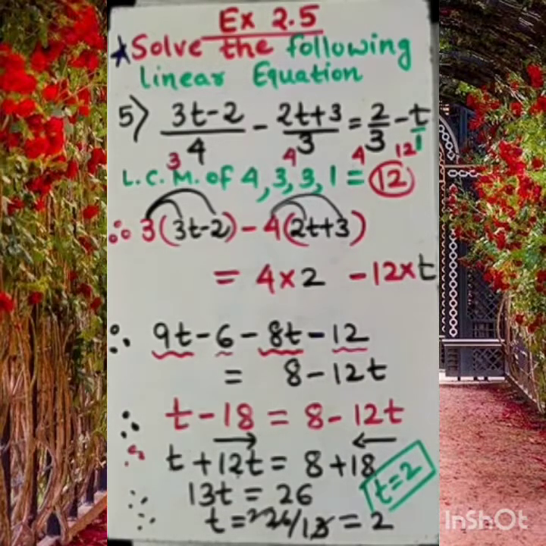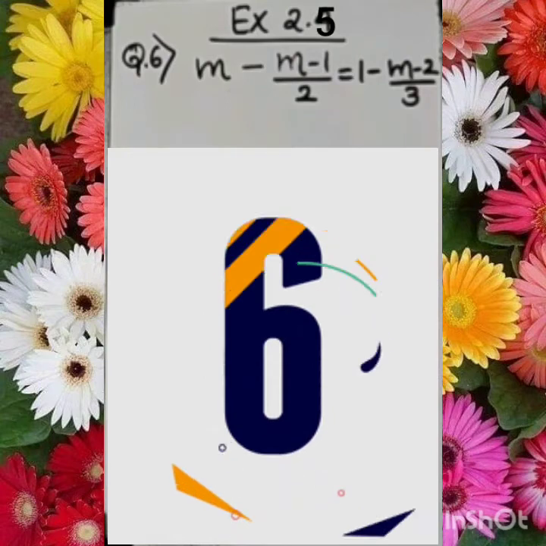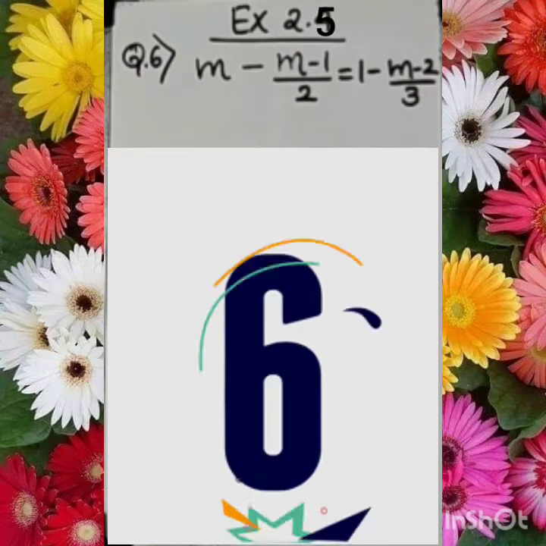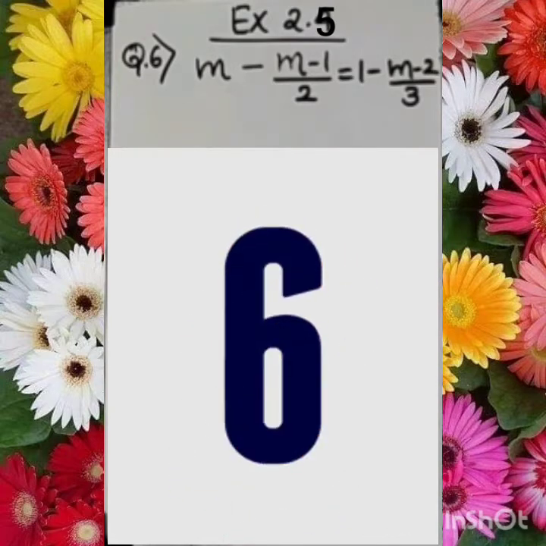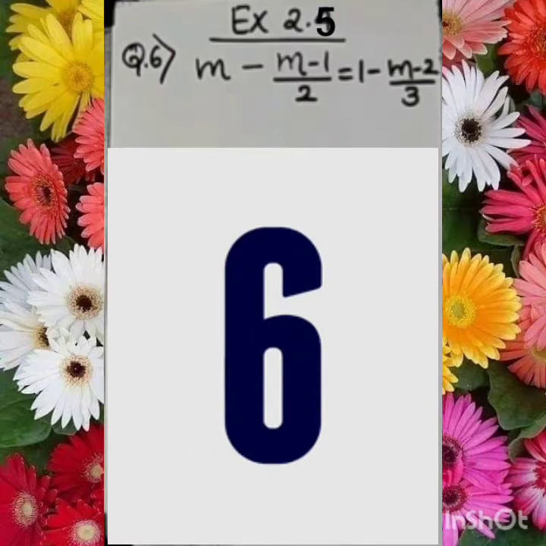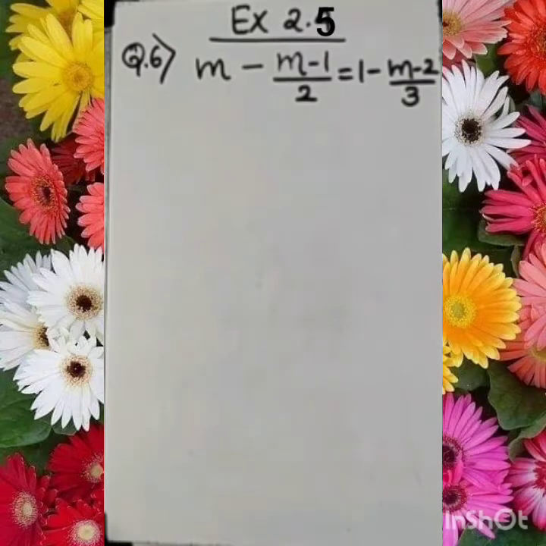Now some more are there that we will go with. Exercise 2.4, question number 6 is on your screen. You can see m minus 1 by 2 equal to 1 minus m minus 2 by 3. So the very first step, what I am going to do, just look at your screen and see.